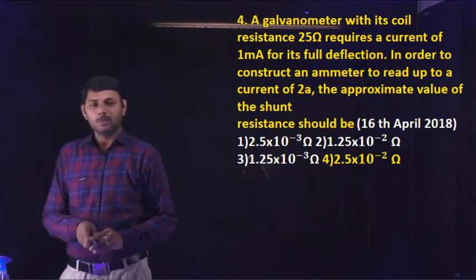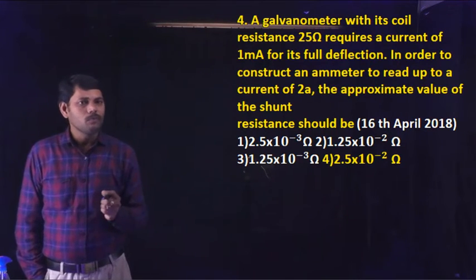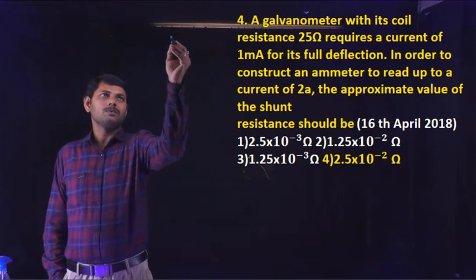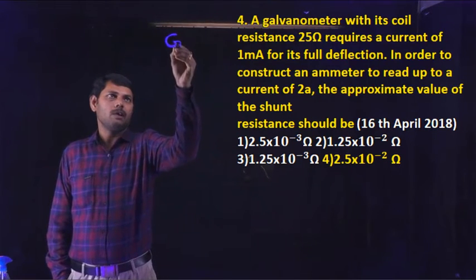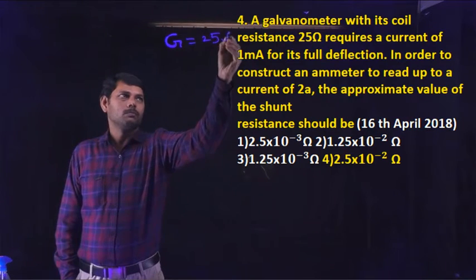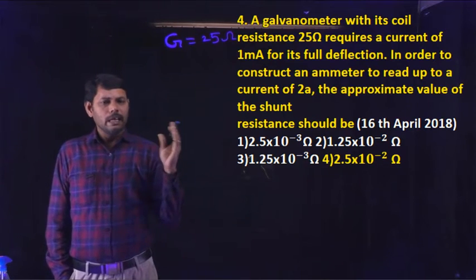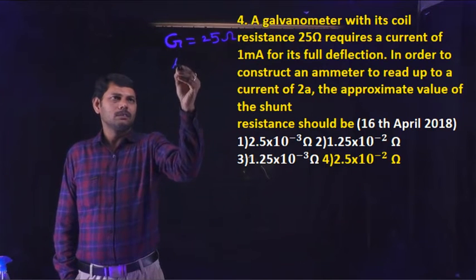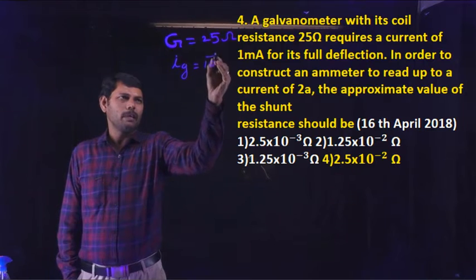Students, coming to the next problem. A galvanometer with its coil of resistance 25 ohm. So the resistance of the galvanometer, capital G, is equal to 25 ohm. It requires a current of 1 milliampere. So Ig is equal to 1 milliampere, that means 10 power minus 3 ampere.